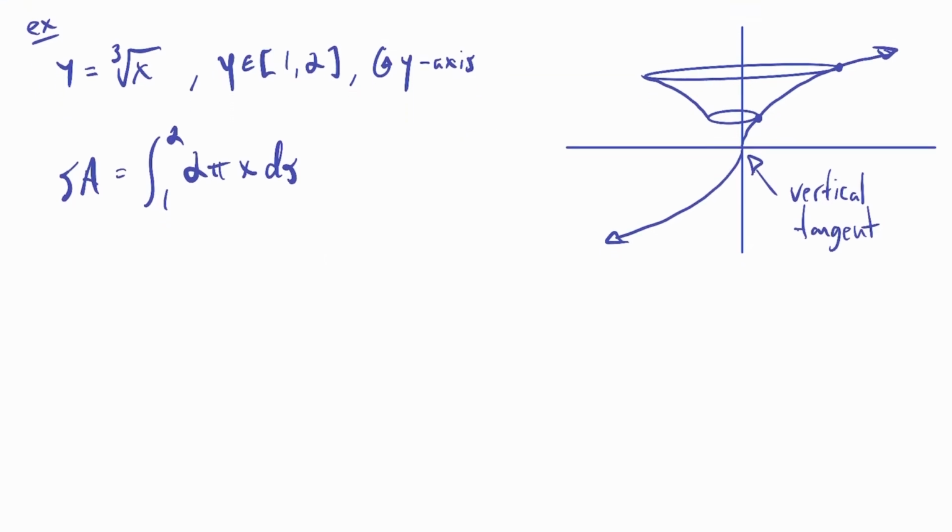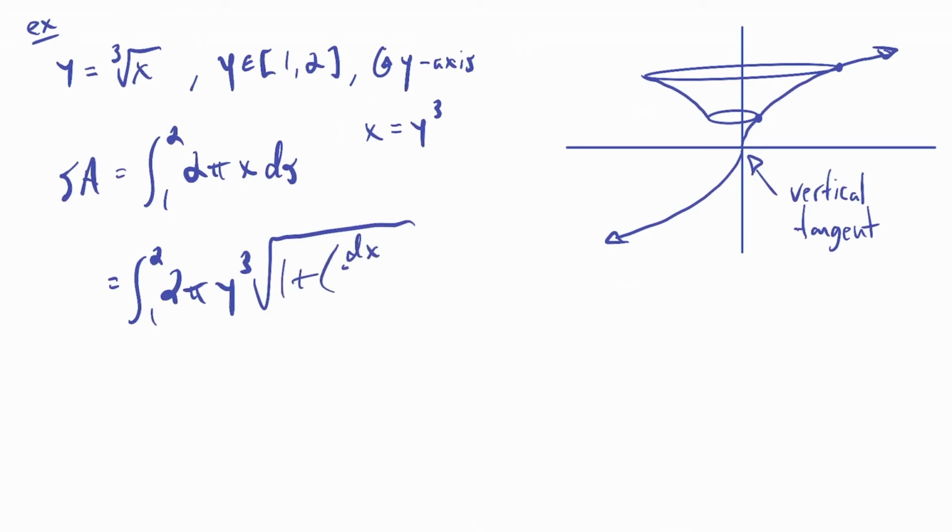So this is the integral from 1 to 2 of 2 pi times y cubed, if we solve for x we get y cubed, times the square root of 1 plus dx dy squared dy.